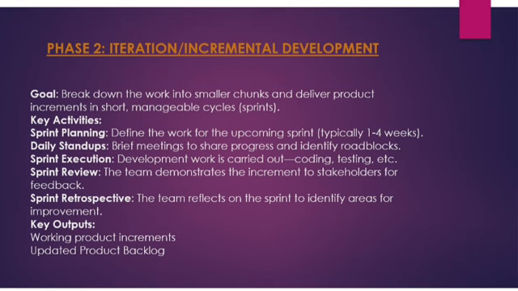At the start of each sprint, the team selects specific tasks from the product backlog to complete during the sprint. After the sprint, they have a sprint review where they present the completed work to the stakeholders for feedback. One more important part of this phase is the sprint retrospective, where the team looks at what went well during the sprint and what could be improved for the next sprint.